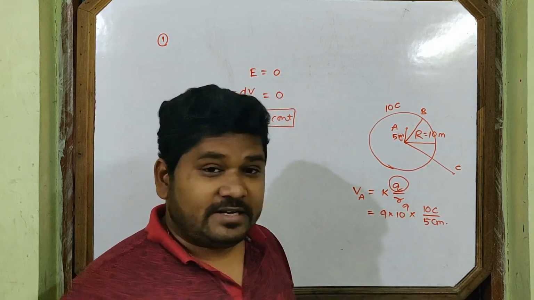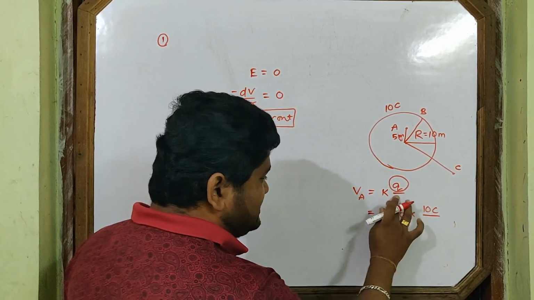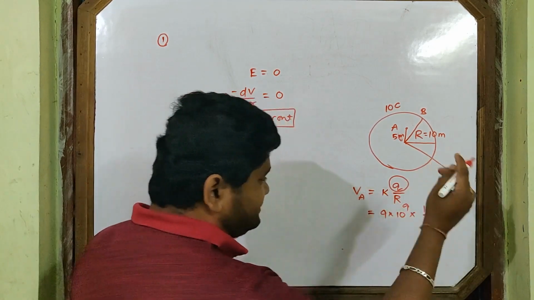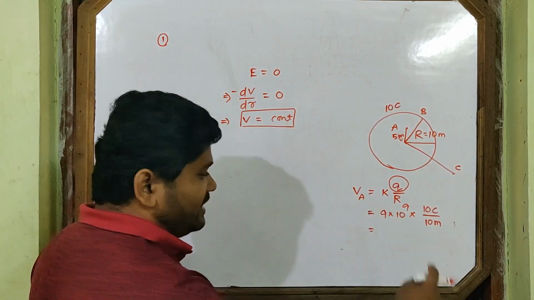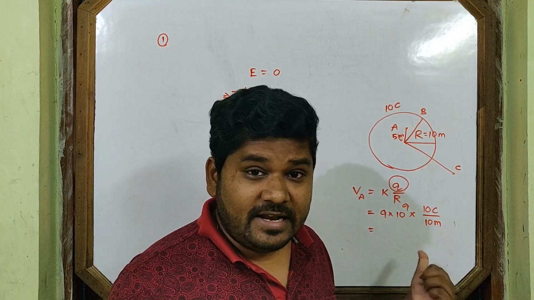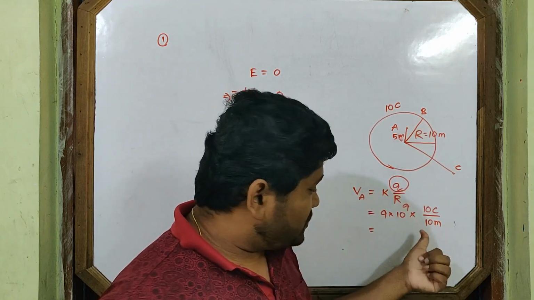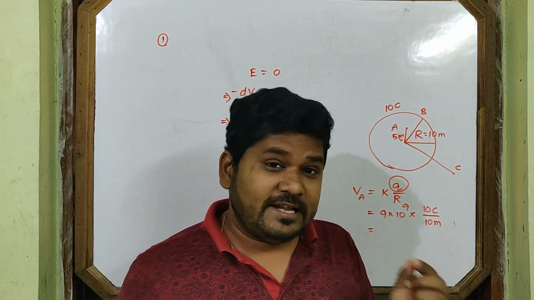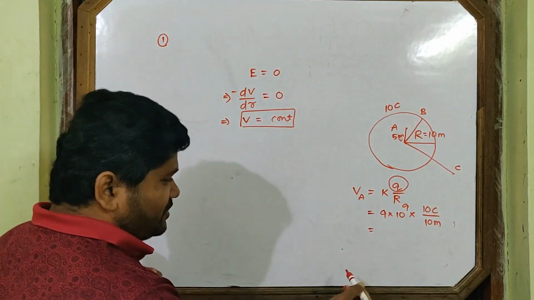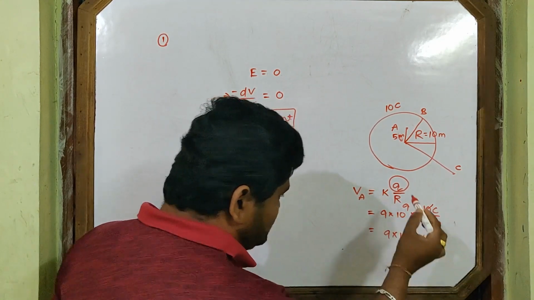Rather, you have to take the radius of the conductor, that is 10 meter. Is it clear? Don't write the distance which is given. You have to always take the radius when you are inside the conductor. Then 10 cancels, and you get 9 into 10 power 9 volts.